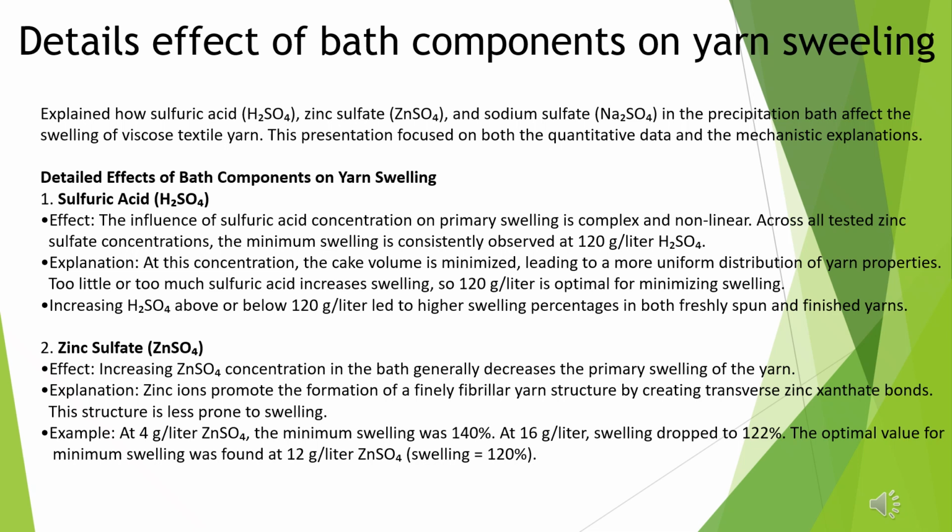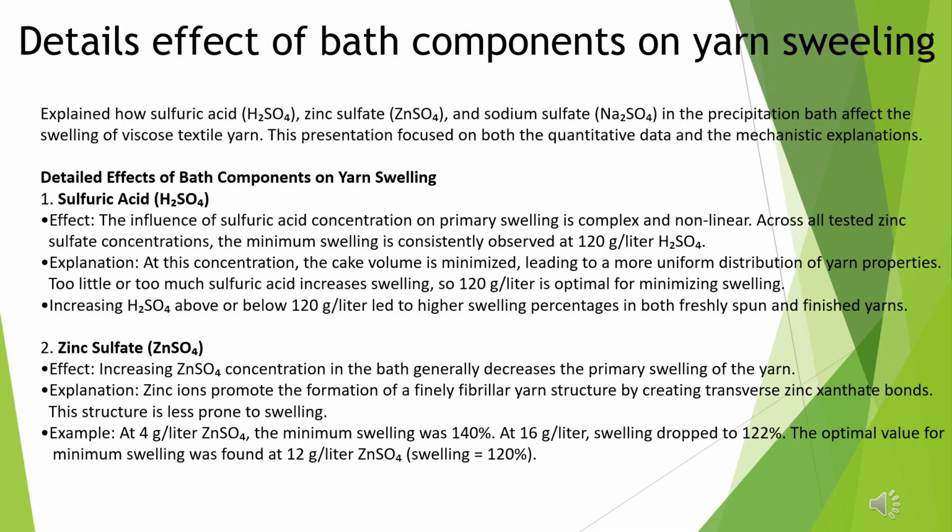Effect: the influence of sulfuric acid concentration on primary swelling is complex and nonlinear. Across all tested zinc sulfate concentrations, the minimum swelling is consistently observed at 120 g/liter H₂SO₄. Explanation: at this concentration, the cake volume is minimized, leading to a more uniform distribution of yarn properties.